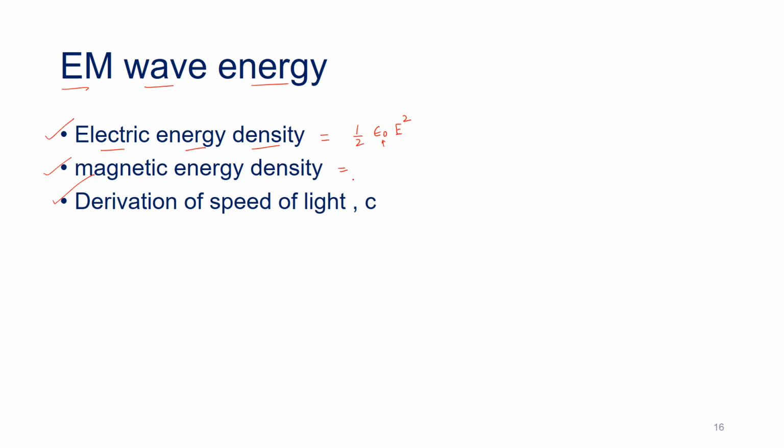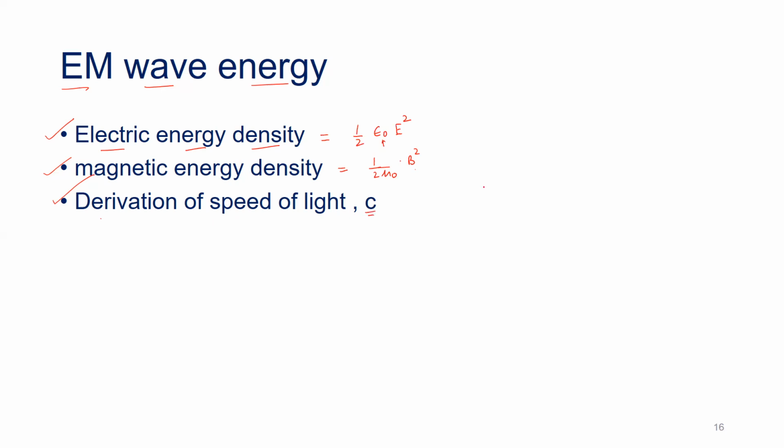And magnetic energy density can be given as 1 over 2 times mu naught times B square, where B is the magnetic field and mu naught is the permeability. And third is the derivation of the speed of light. We'll see how to derive it.